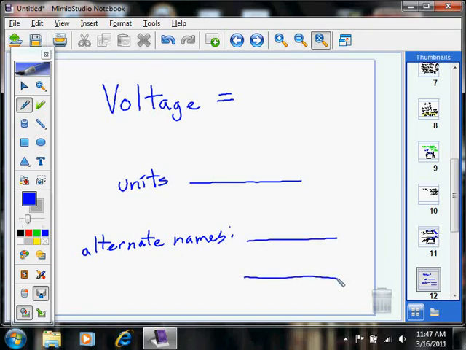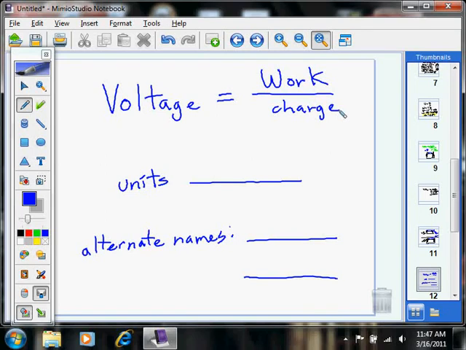In closing of this part of the lesson, let's just go over the formula for voltage, the units for voltage, and alternate names for voltage. So Risa, start us off with the formula. Voltage is equal to work over charge. It's not the total work, it's the work per charge. What are the units?